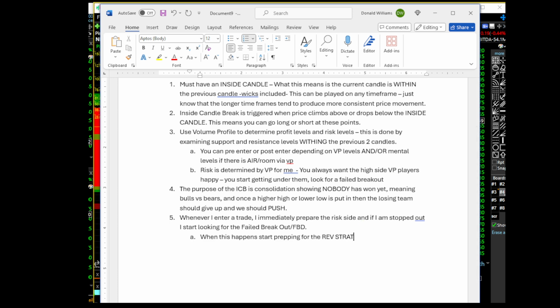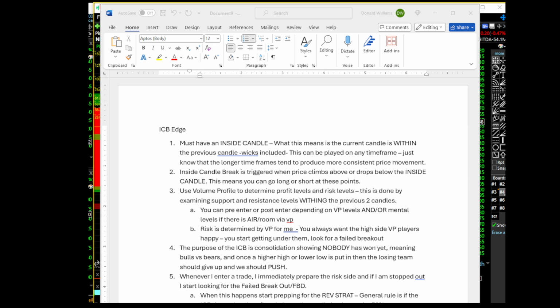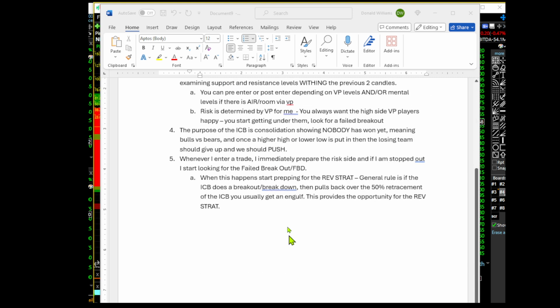Let me catch up on questions. The Rev Strat general rule is the ICB does break out, break down, then it pulls back over 50% retracement of that ICB. Then you usually get an engulf. That's what this is saying.